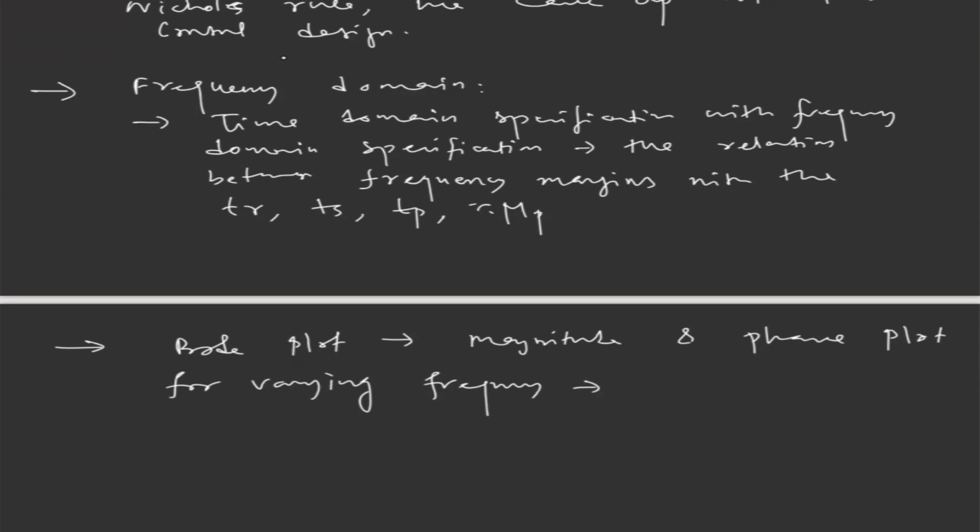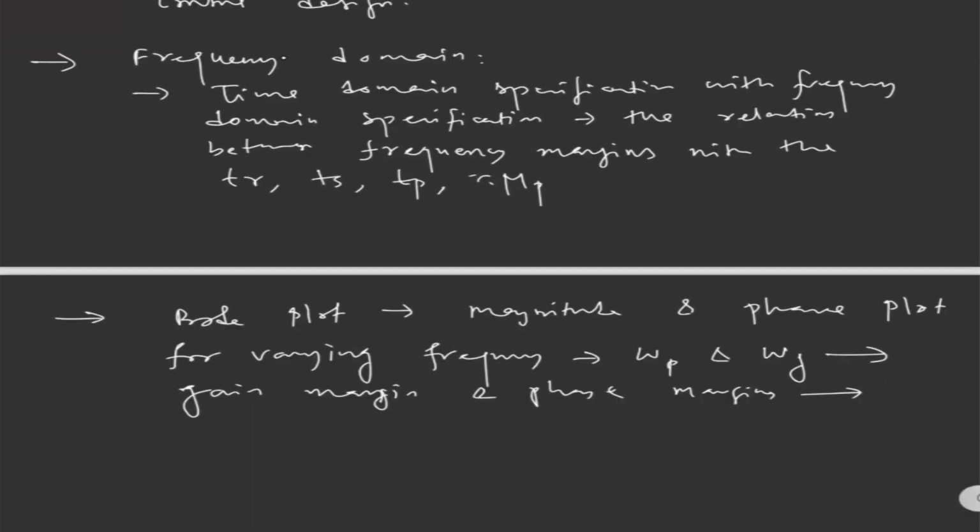We have discussed also the phase crossover frequency and gain crossover frequency, which give us the gain margin and phase margin. Based on the margins we can also come up with the relative stability, and whether the system is stable or not. We have also detailed a discussion on this part.